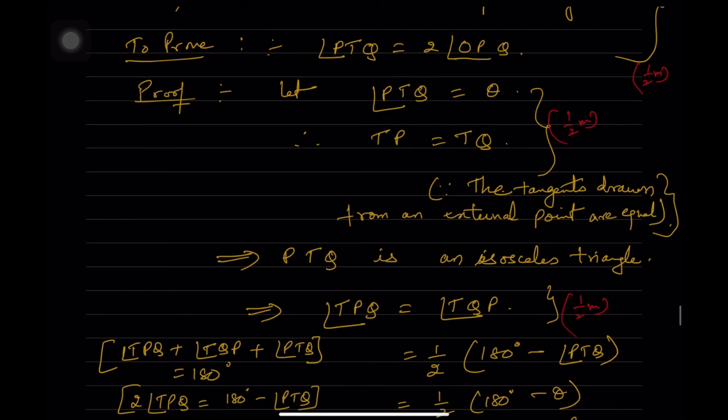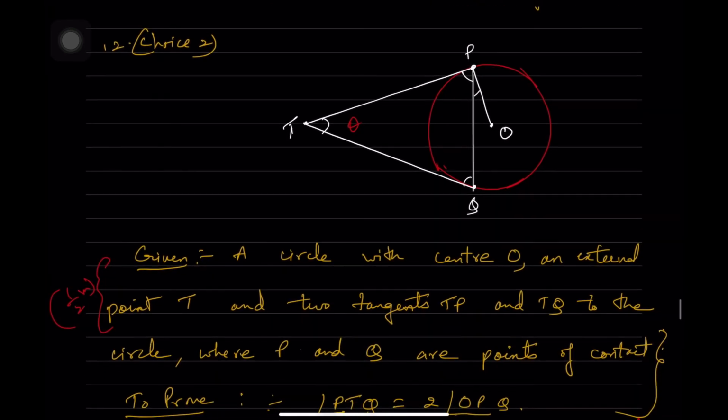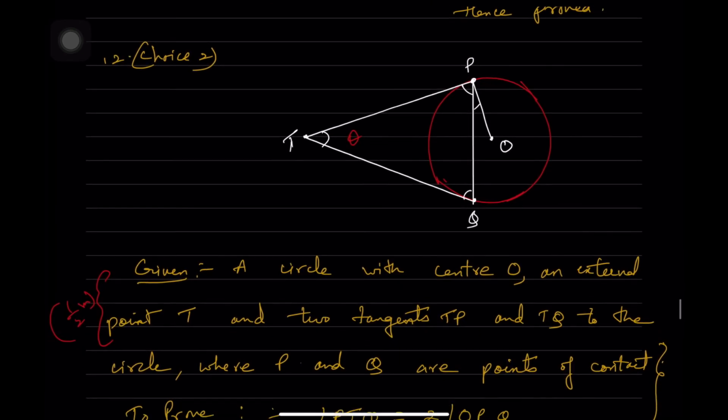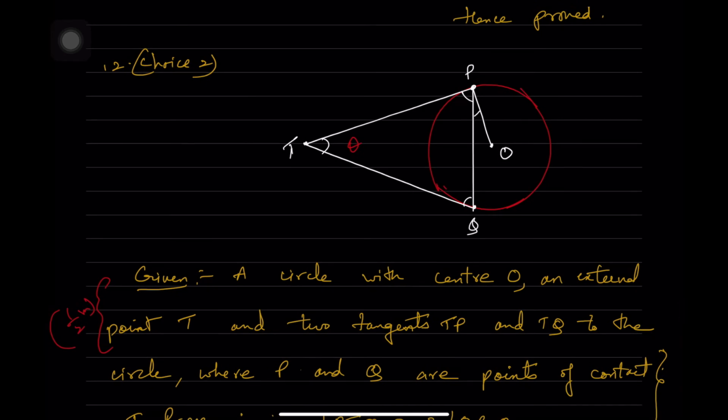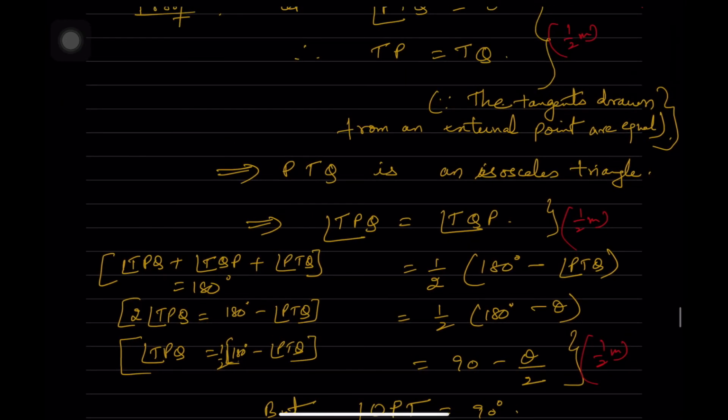Now, PTQ is an isosceles triangle. Why is it an isosceles triangle? Because angles opposite to equal sides are equal. That is, if you take this as x, these two angles are equal. So you can write PTQ is an isosceles triangle, which implies that angle TPQ is equal to angle TQP.